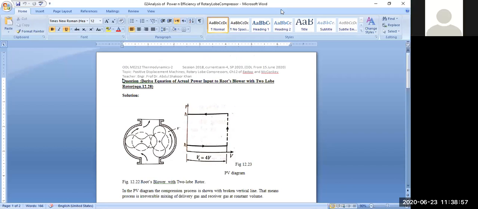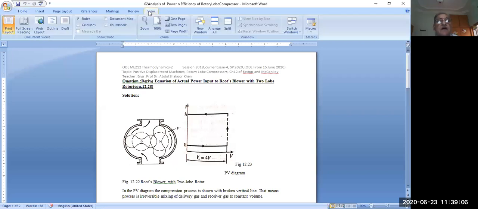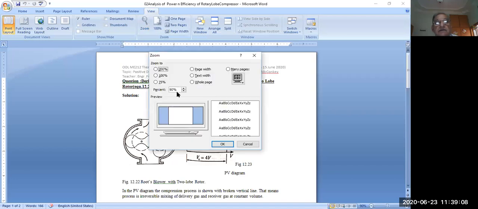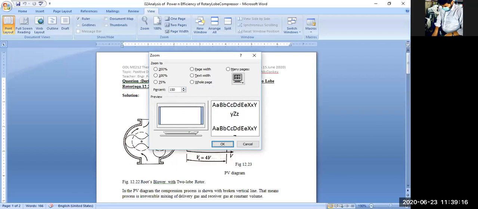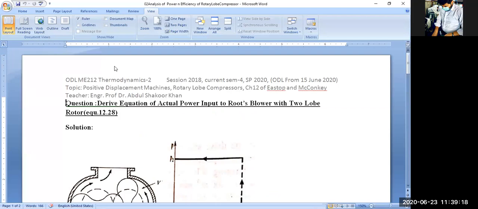Let me increase the view. Now you can see the enlarged view. Yes, sir.